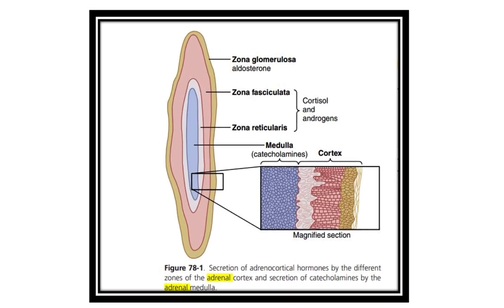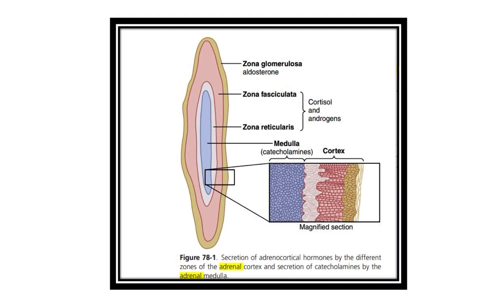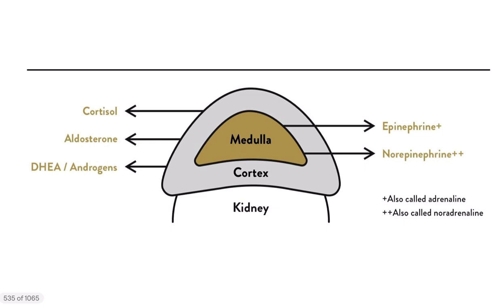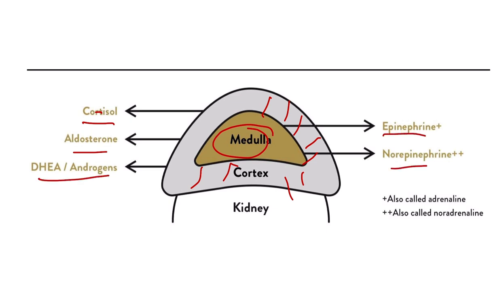Again the picture: this is the zona glomerulosa, zona fasciculata, zona reticularis, and the medulla of the adrenal gland from outside to inside. The outer whitish portion is the cortex and the inner portion is the medulla. From the cortex, cortisol, aldosterone, and androgen are released, and from the medulla, epinephrine and norepinephrine are released.